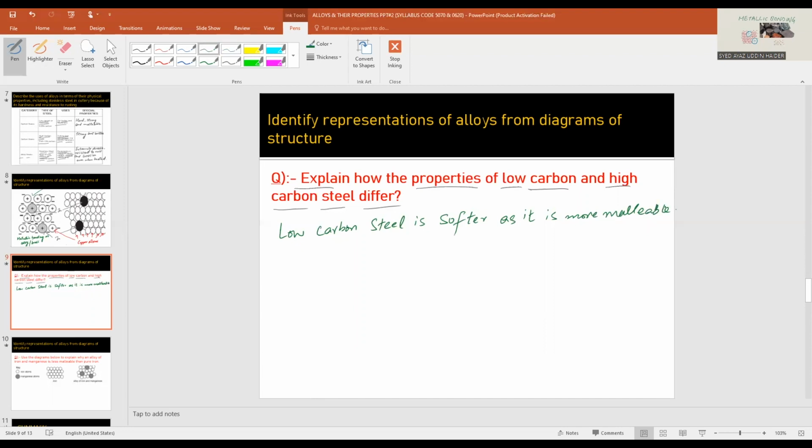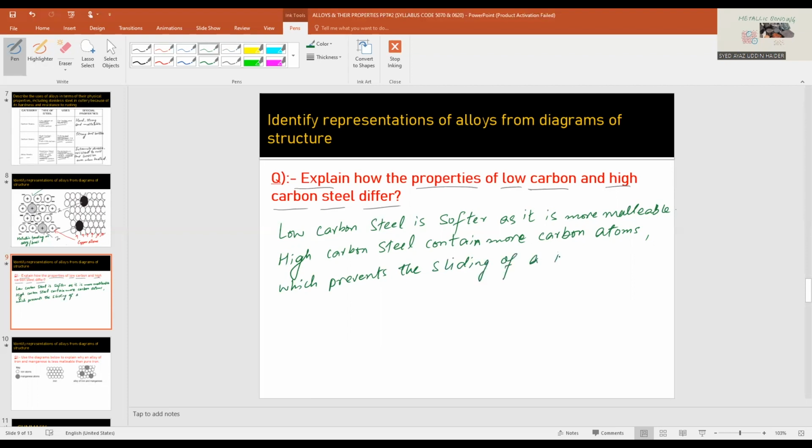High carbon steel contains more carbon atoms, which prevents sliding of the iron atoms. Hence, high carbon steel is harder but brittle.